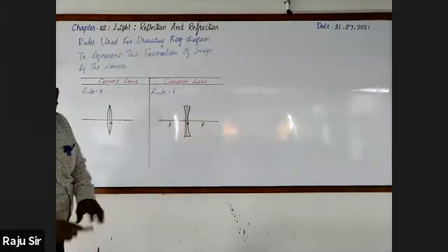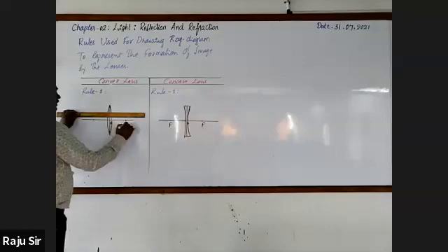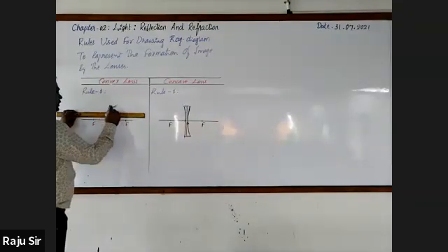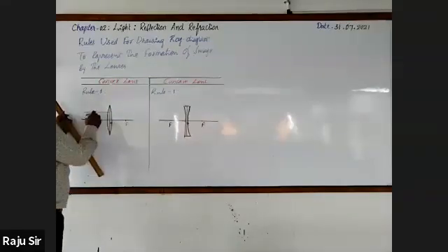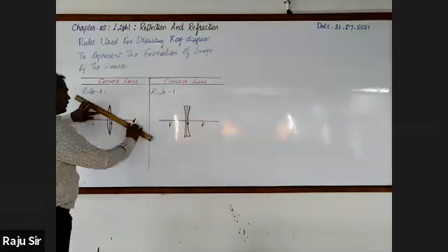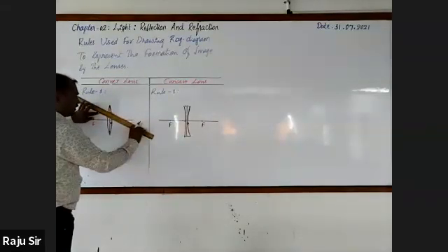The first ray is the ray of light coming from the object, incident on the lens parallel to the principal axis. This ray passes through the focus on the other side of the lens.